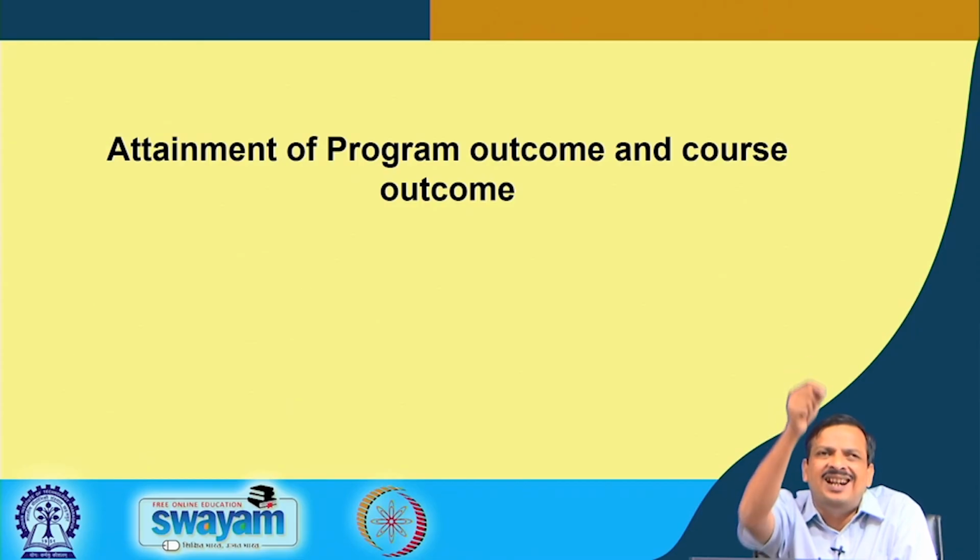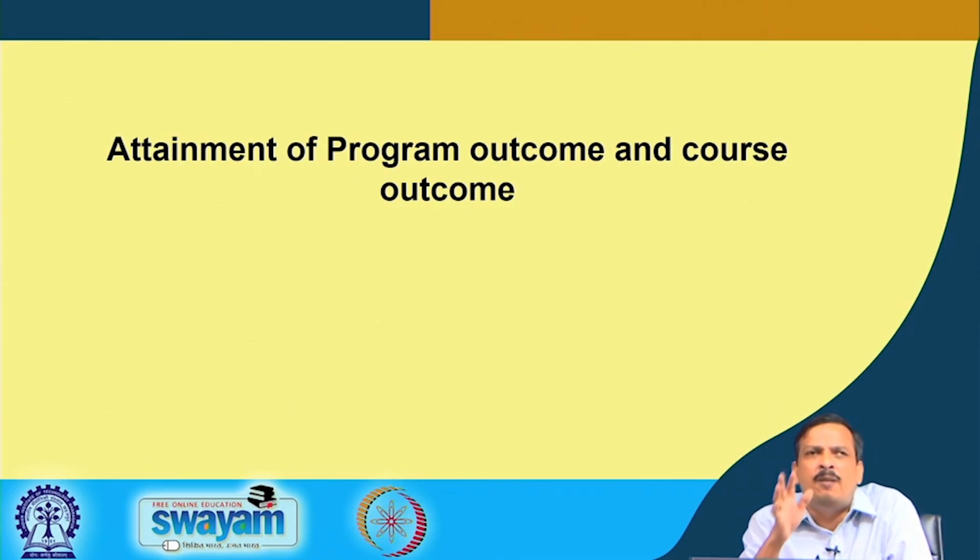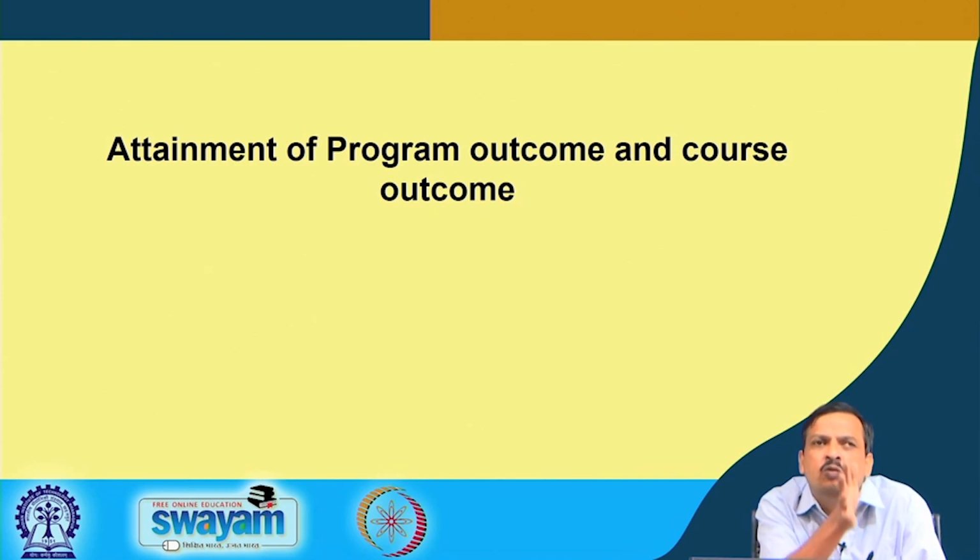The number of skills comes from the graduate attributes, 12 dimensions, PO1 to PO12. Now, I want to measure how many students have acquired all those 12 POs, and how many POs out of 12.